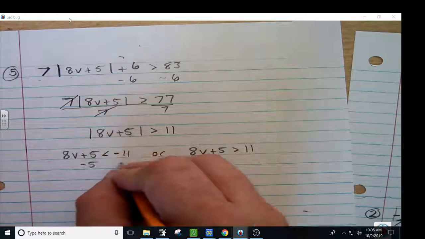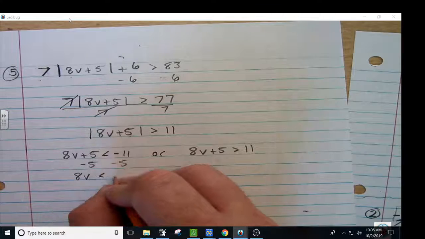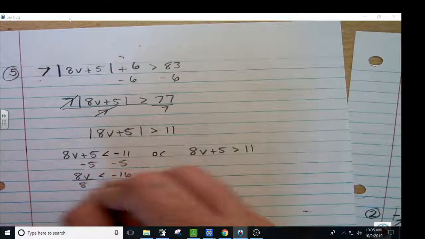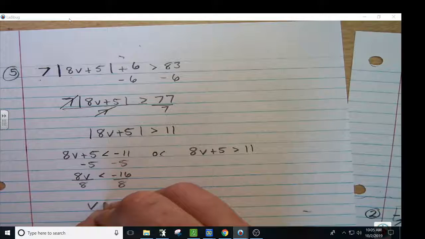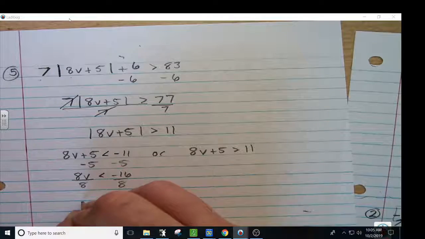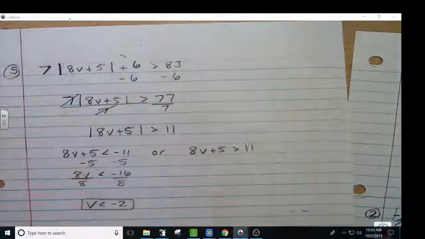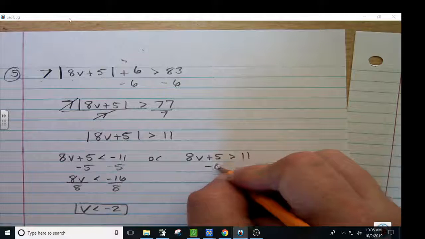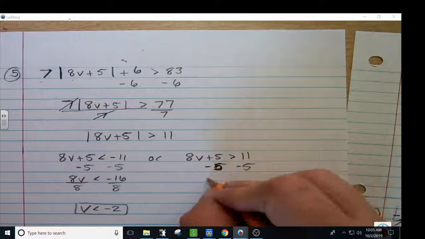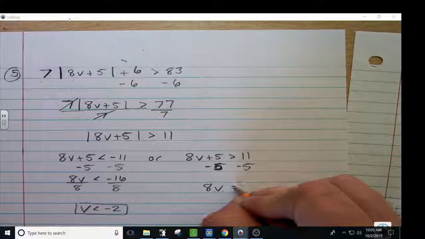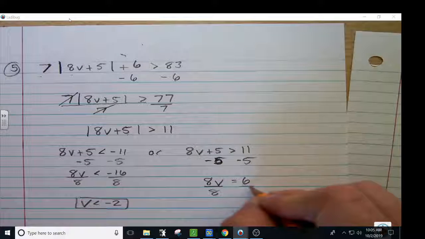Minus 5. Okay. I'm going to subtract. I'm a step ahead of myself here. That's 8v equals 6, and divide by 8.